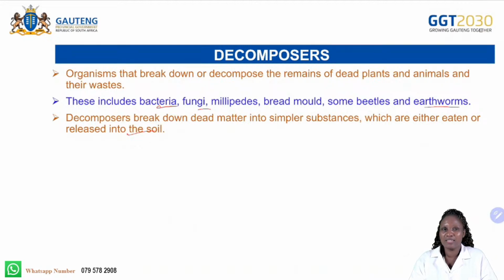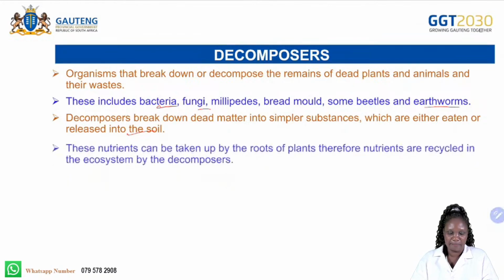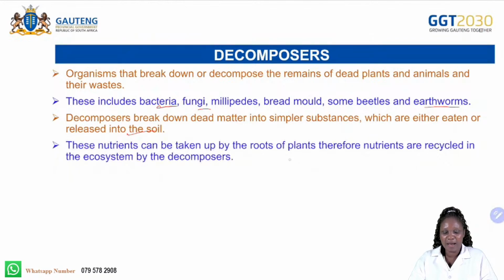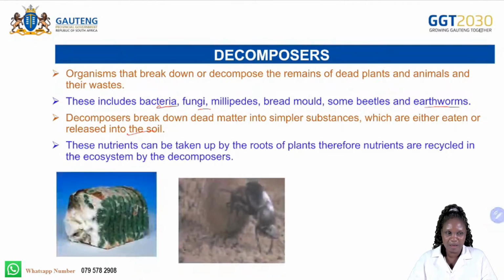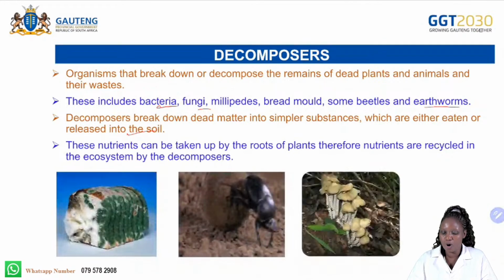These are the organisms that break or decompose the remains of dead plants and animals in their waste. Okay. And these nutrients can be taken up by the roots of plants. Therefore, nutrients are recycled. They are turned into fertilizers, and then the ecosystem is going to carry on and on. Decomposers are very important because they break down matter.